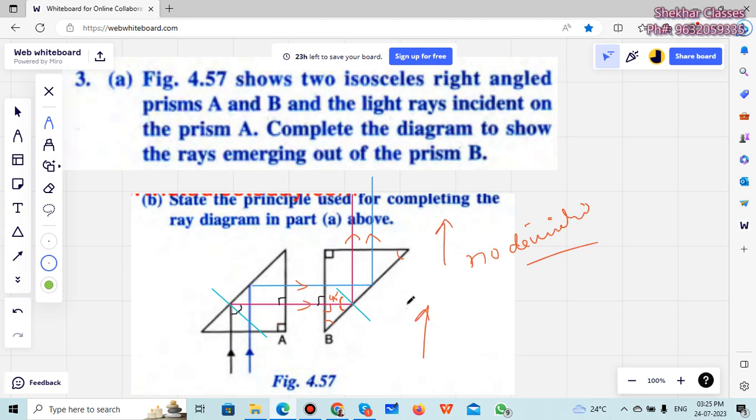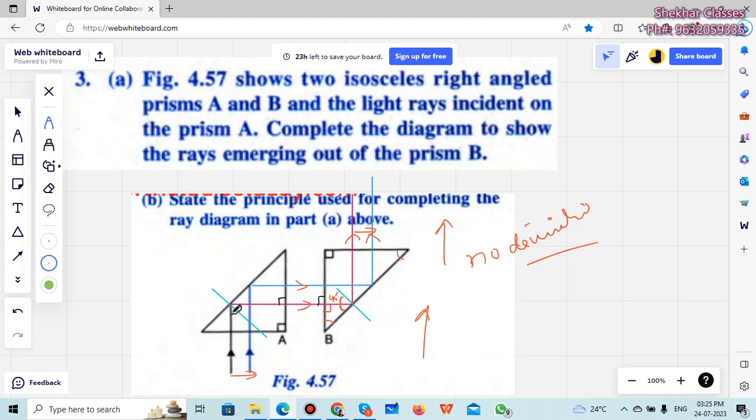Now you can see the blue, which was this is the image here. You can see it is also the same here. Got the point? Remember, this is a question that is based on the angles that you have to use. State the principle used for completing the ray diagram in part A. So see, the angle of incidence is 0 degrees, so therefore no deviation, it will go straight.